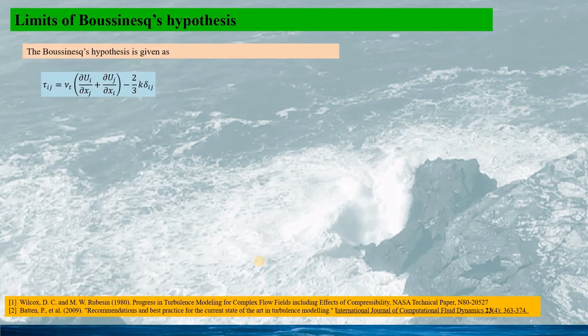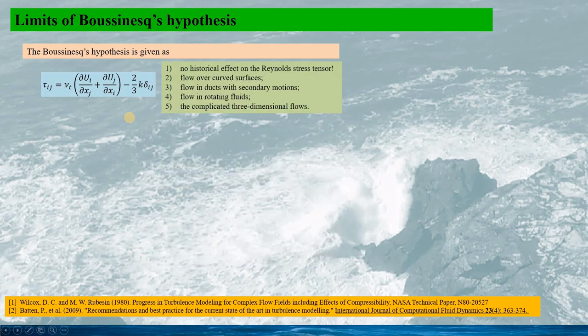In this slide, a discussion is made of the Boussinesq hypothesis. As we all know, in turbulence models such as zero-, one-, two-equation and some other turbulence models, the Boussinesq hypothesis is used for linking the Reynolds stress with the average velocity gradient, like this.